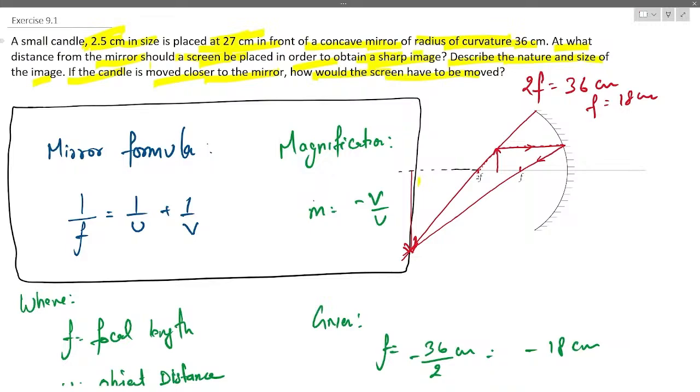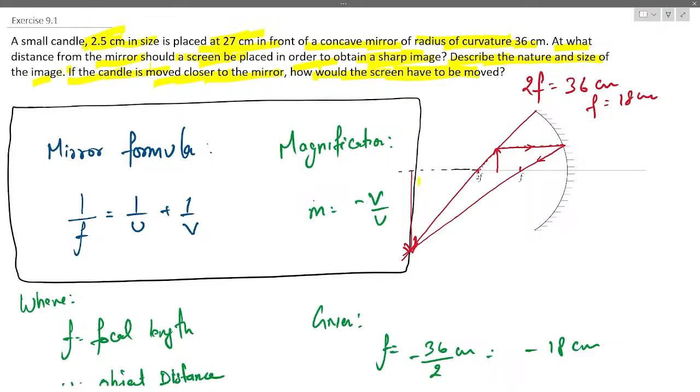In simple terms, it is asking the position v of the image from the mirror. The second question is to describe the nature and size of the image. And the third question is, if the candle is moved closer to the mirror, how would the screen have to be moved? So if we move this candle towards the mirror, how would the position of the image change?